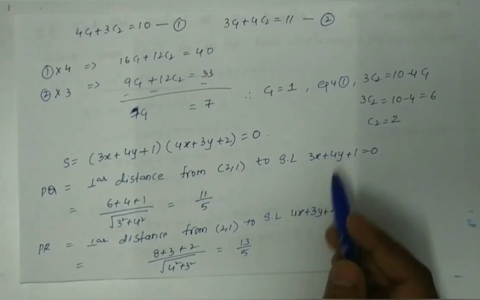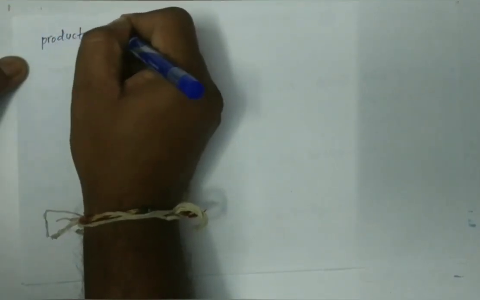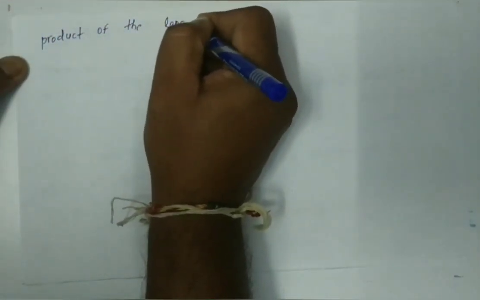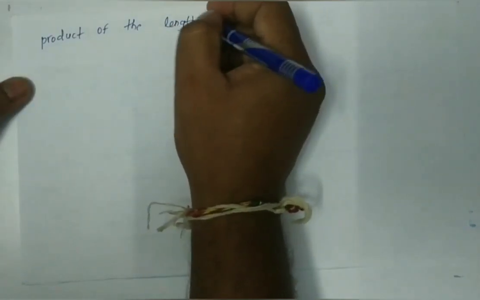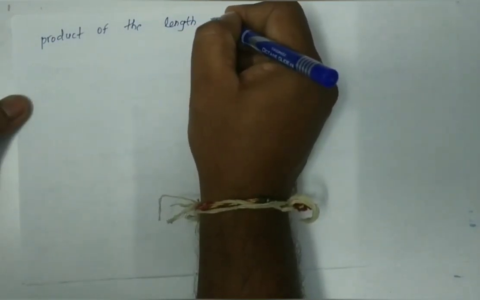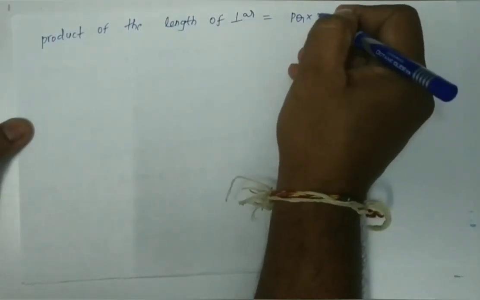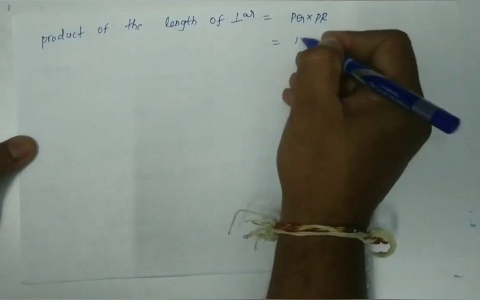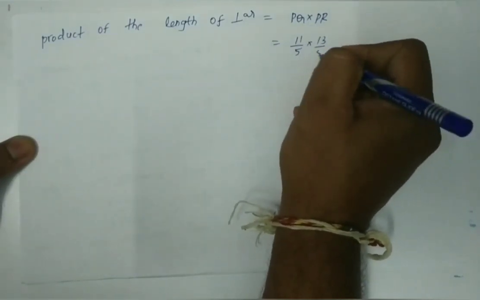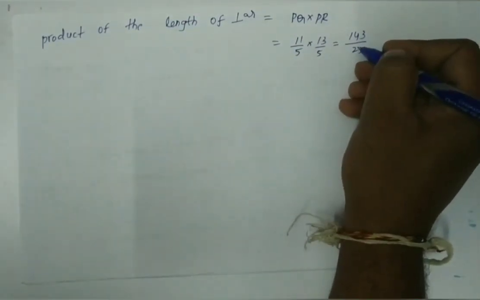Okay, so now let us find the product of the perpendicular distances from the point (2, 1) to this straight line and this straight line. Now the product of the lengths of the perpendiculars is given by PQ into PR, which is nothing but 11 by 5 into 13 by 5, which is nothing but 143 divided by 25.